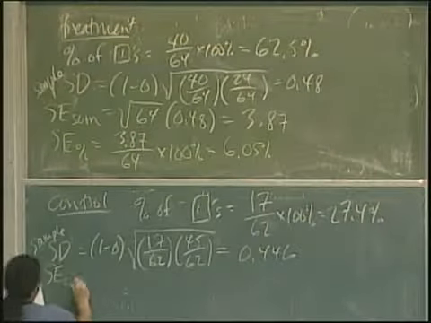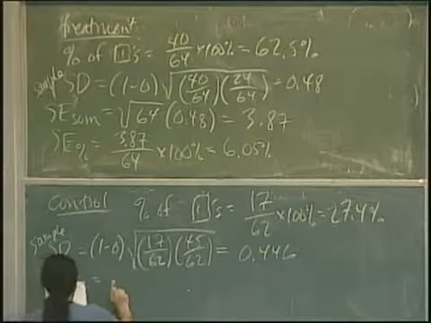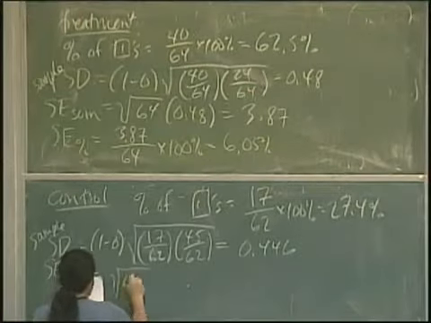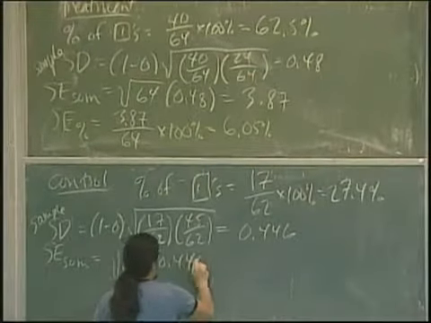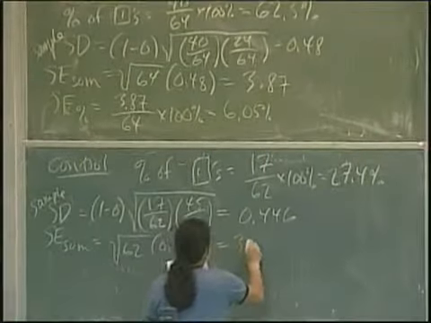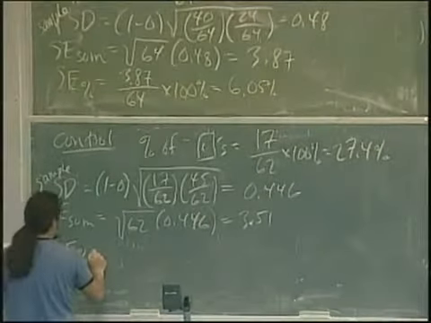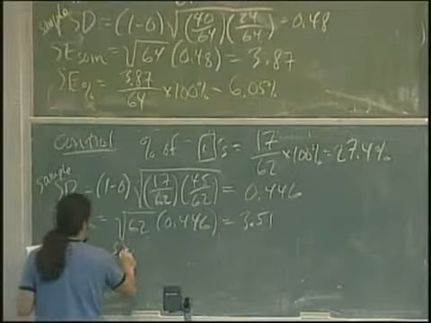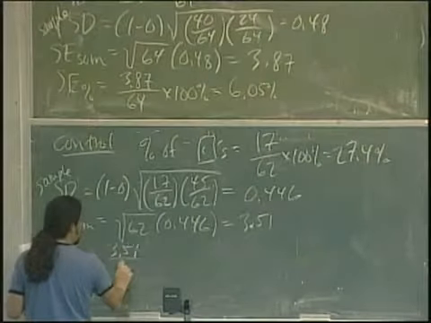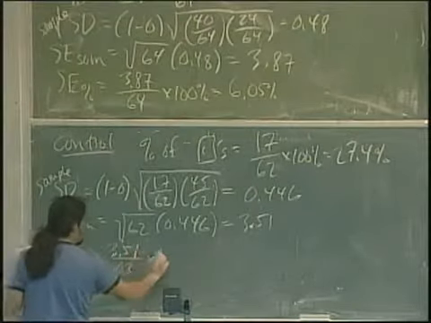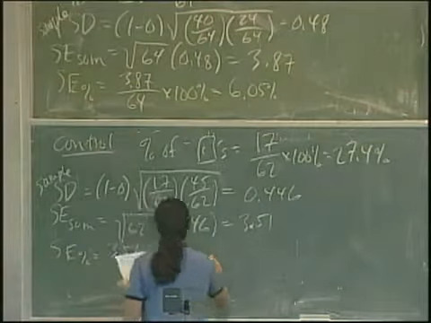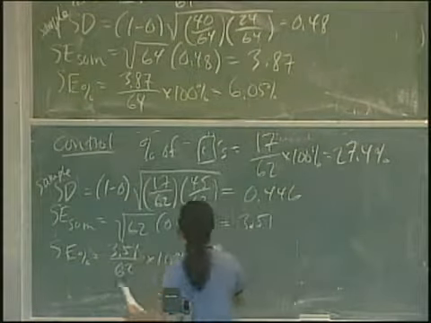SE sum is square root of 62 times 0.446, which is about 3.51. SE percent is 3.51, the SE sum, divided by the number of draws, times 100%. And that is 5.66%.